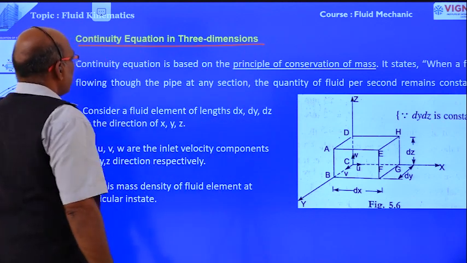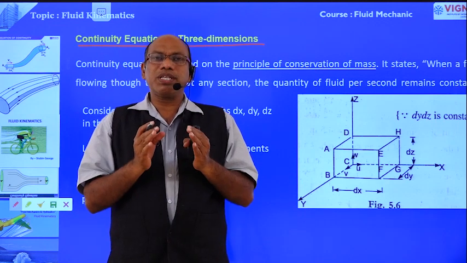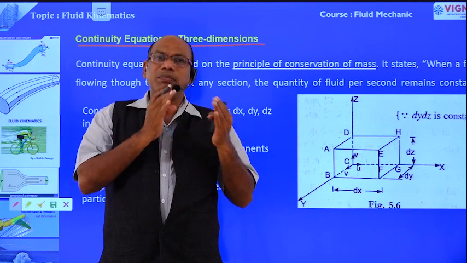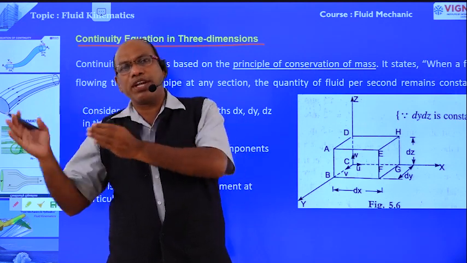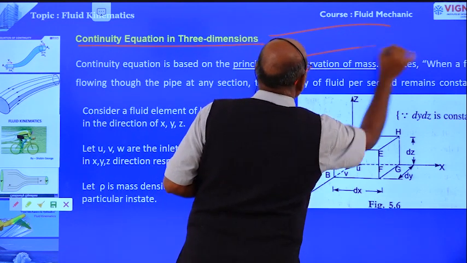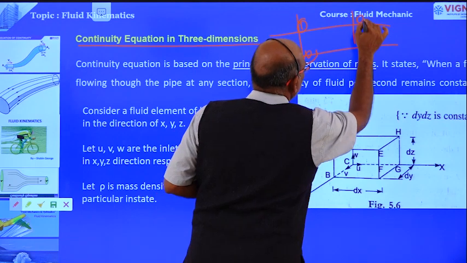Three-dimensional flow. Here, what is the principle of conservation of mass? The principle of conservation of mass means the rate of flow at one section must be equal to the rate of flow at another section. For example, this is one pipeline, this is section 1-1, this is section 2-2.